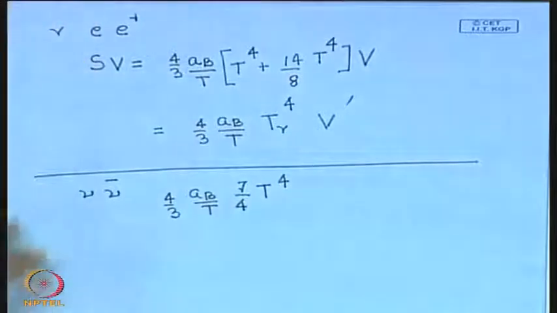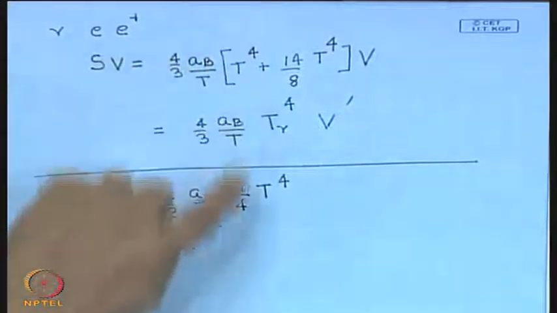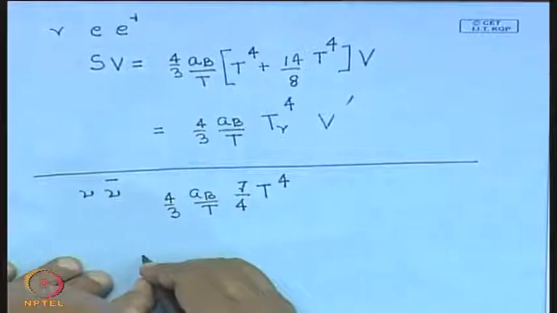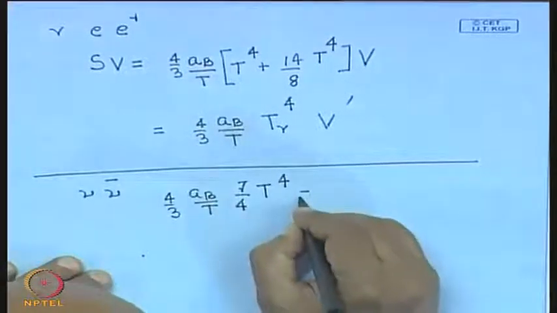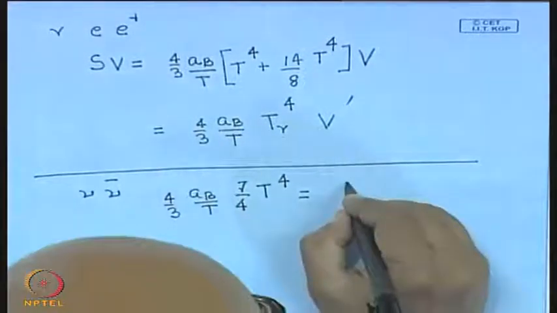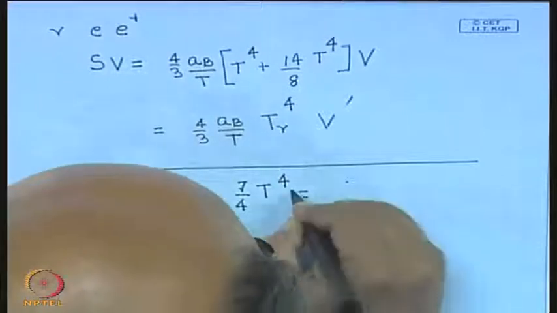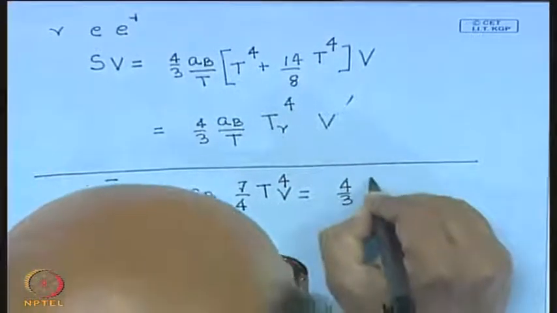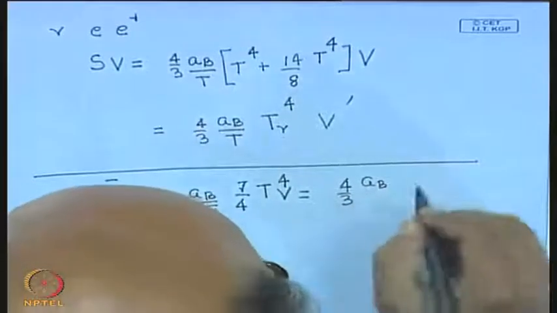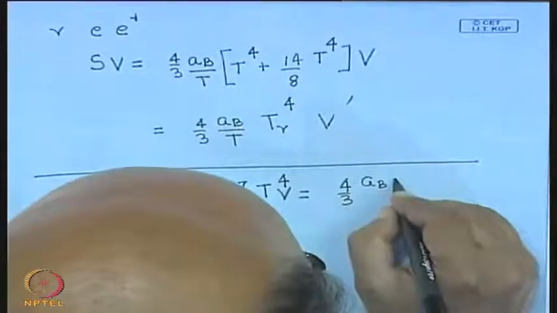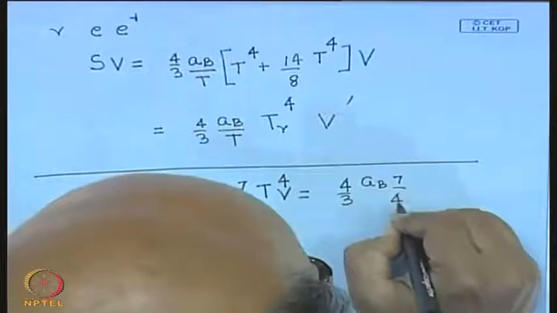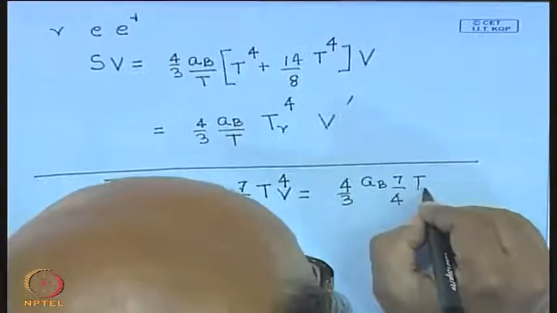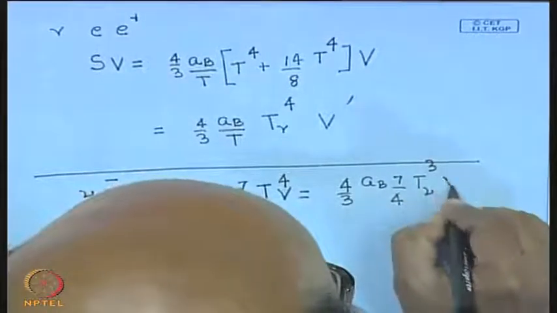So before this annihilation they are at the same temperature, into V. After the annihilation this will be equal to 4/3 AB, 7 by 4 T neutrino cube into V prime.